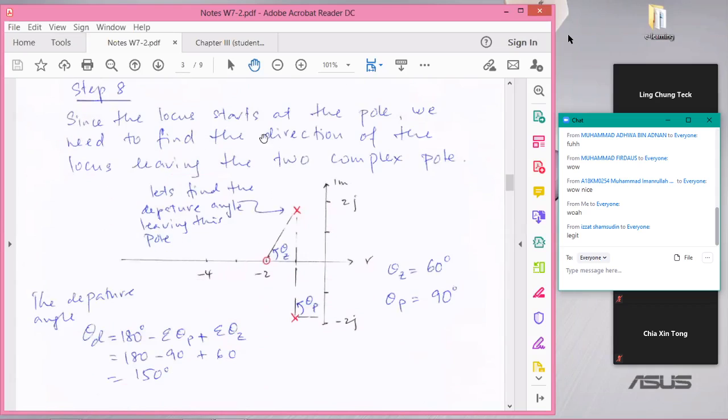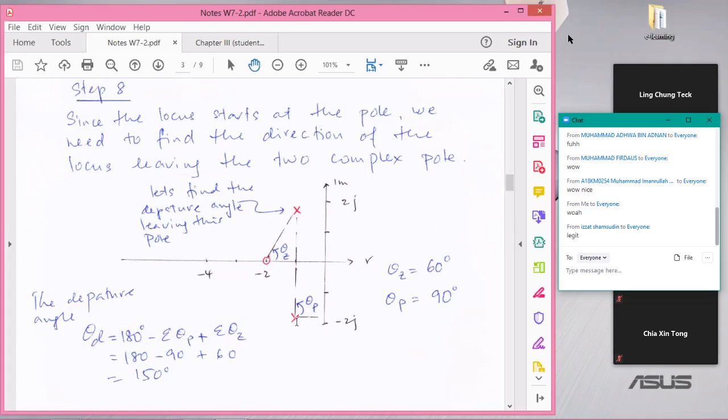Since the locus starts at a pole, we need to find the direction of the locus leaving the two complex poles. Let us now find the angle leaving the first pole at -1 plus 1.7j. So you need to compute the angle from the other pole.